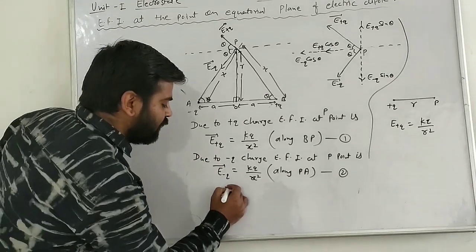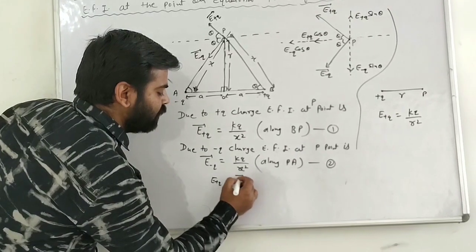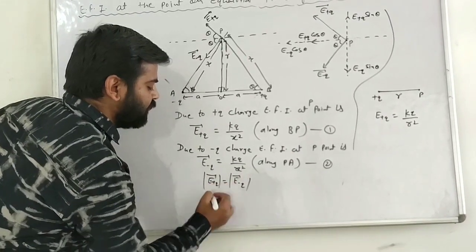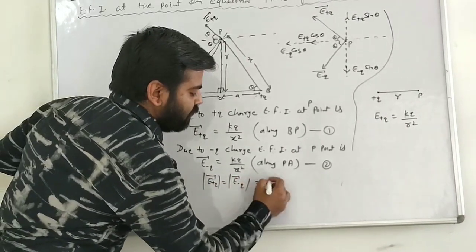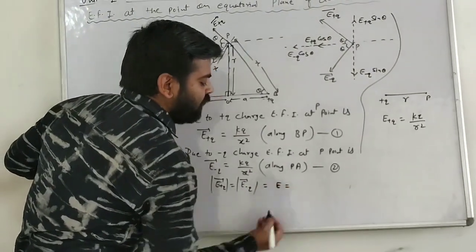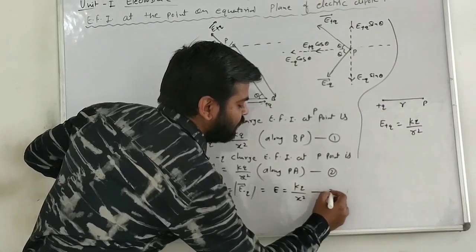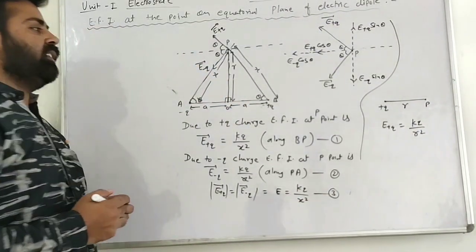So E plus q is equal to E minus q. The magnitudes are the same, which can be considered E, which is equal to kq upon x square. This one is equation third.